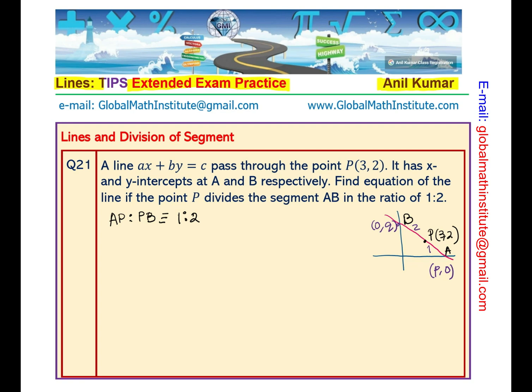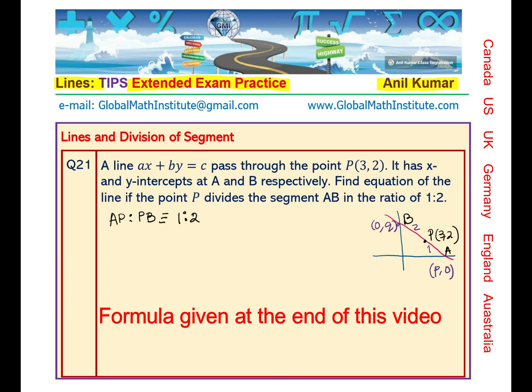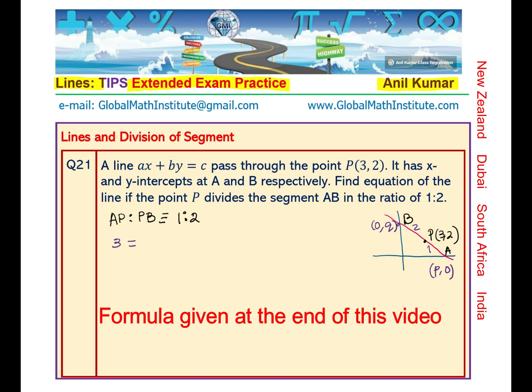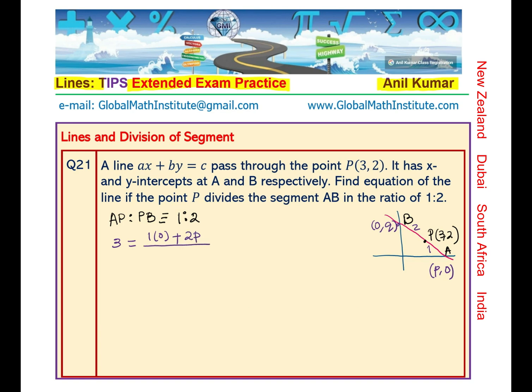Perfect. You can use the section formula, since the coordinates of P are related with the endpoints. So the coordinates of P, which are 3 and 2: 3 will be equal to 1 multiplied by 0, plus 2 multiplied by p, the x value, divided by the ratio 1 plus 2.